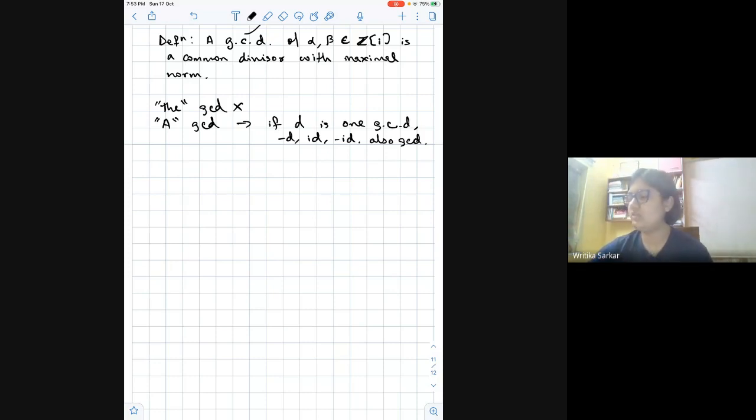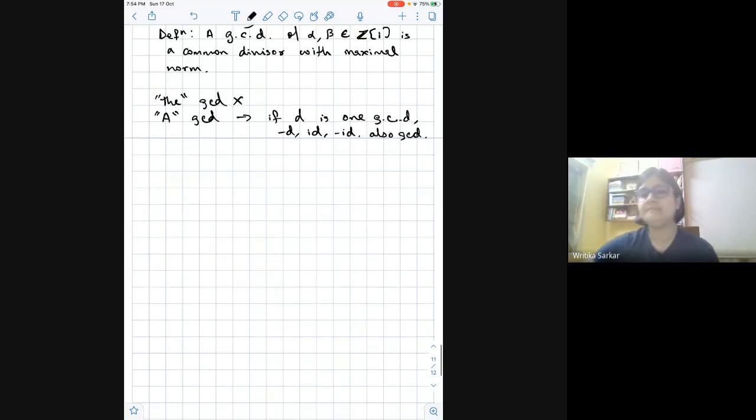So we can already see that there are four greatest common divisors. We'll soon see that these are the only possible ones. As of now, we just can't say the greatest common divisor.